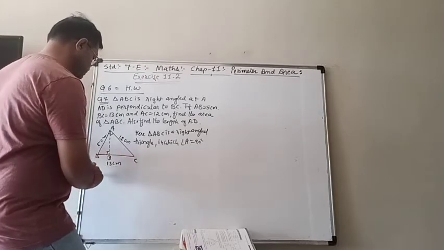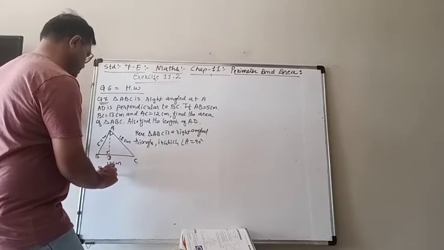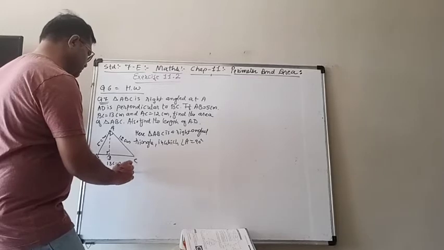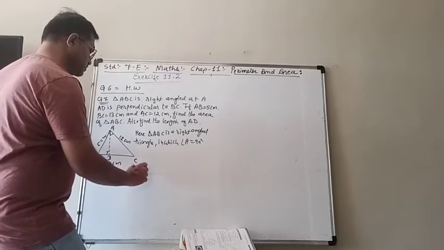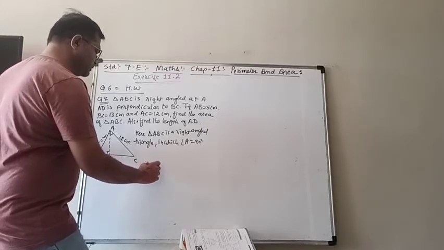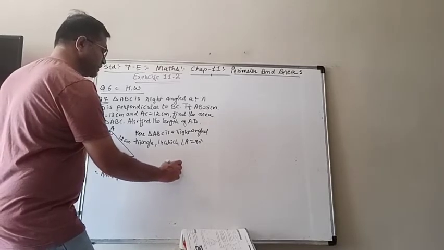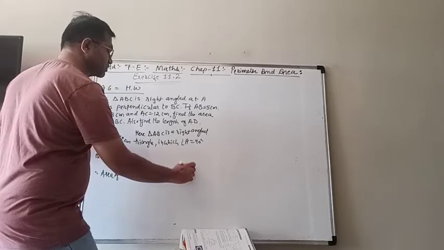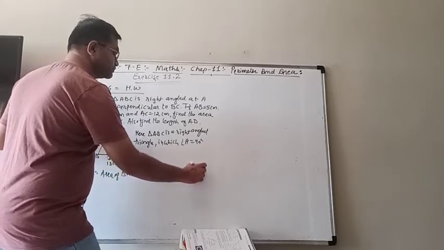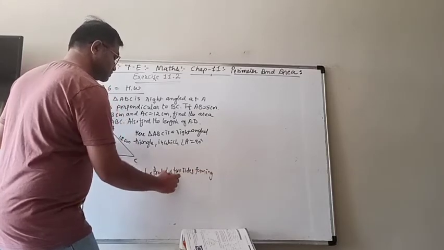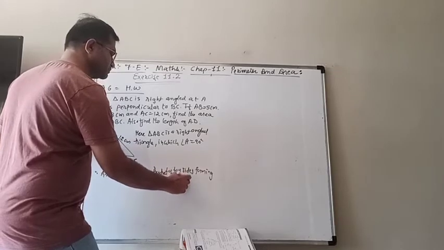Therefore, area of triangle ABC is equal to 1 by 2 multiplied by product of two sides forming right angle.